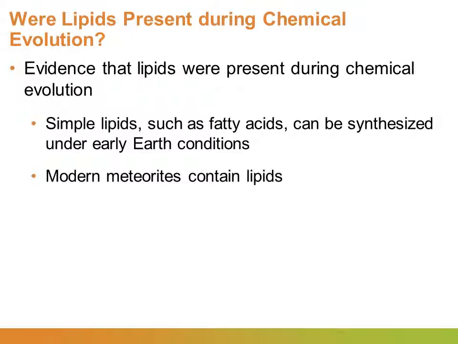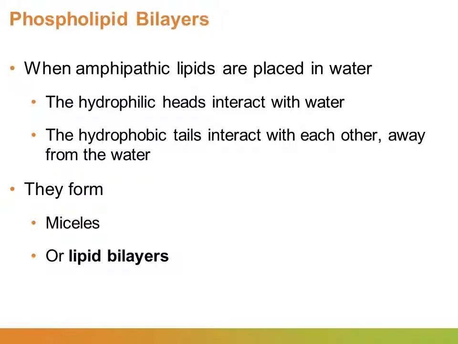Because of this, we know that membranes can easily form, and there's evidence that lipids were present during early chemical evolution, that they can form under early Earth conditions. Lipids have actually been found on meteorites also. When amphipathic lipids are placed in water, they naturally form little spheres.